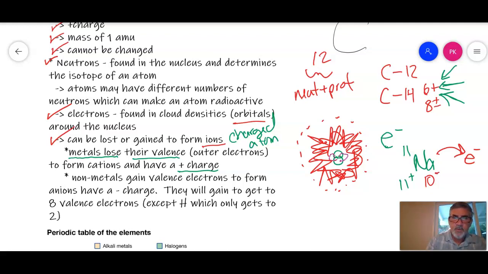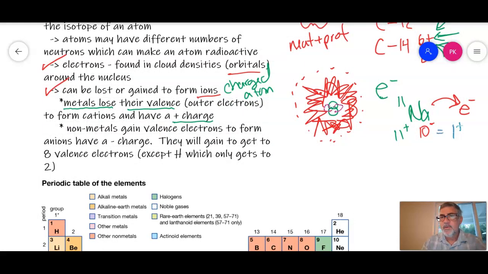So I'll have 1 positive charge left over. This sodium now, I would write with a positive charge. And those are going to be called cations.